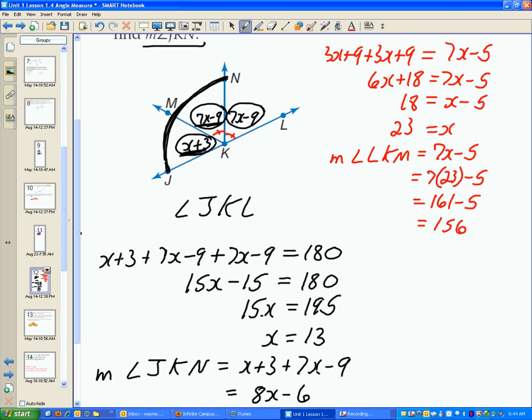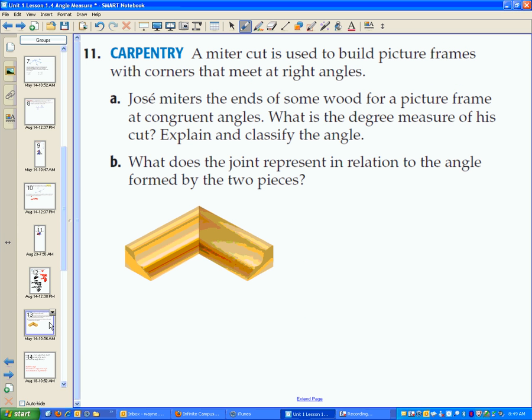All right, everybody still with me? Number 11. A miter cut is used to build picture frames with corners that meet at right angles. Jose miters the end of some wood for a picture frame at congruent angles. What is the degree measure of his cut? Explain and classify the angle. All right, so in other words, when you put the picture frame together, that's a right angle right here.